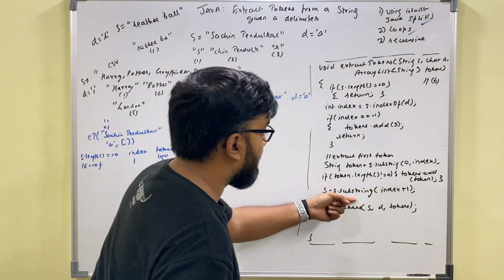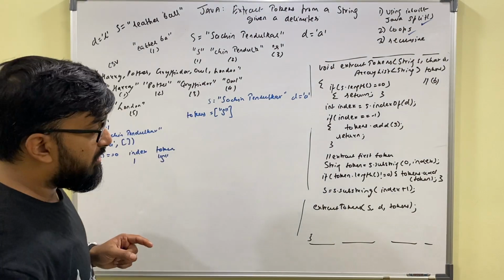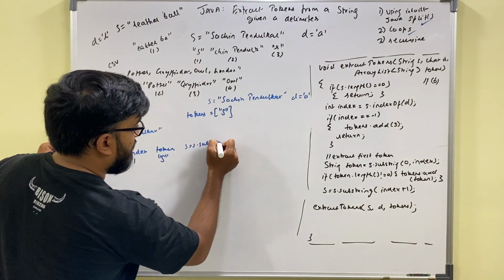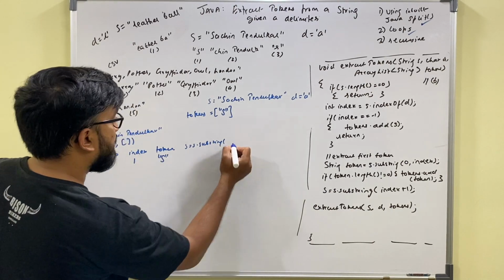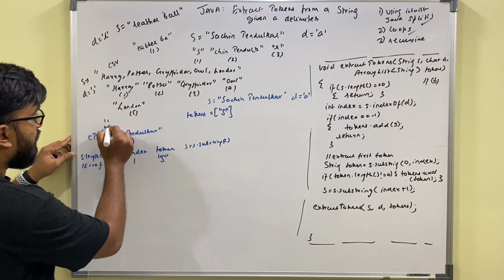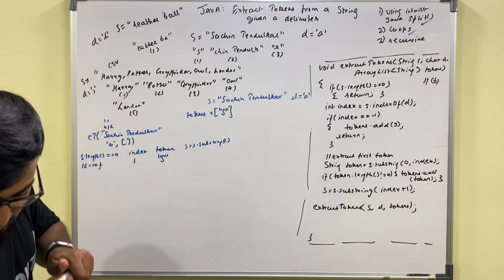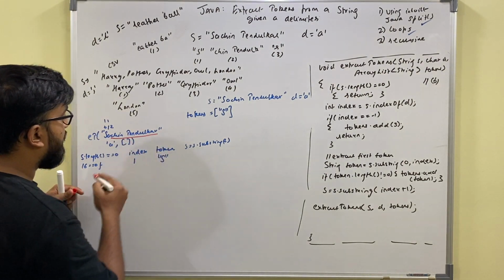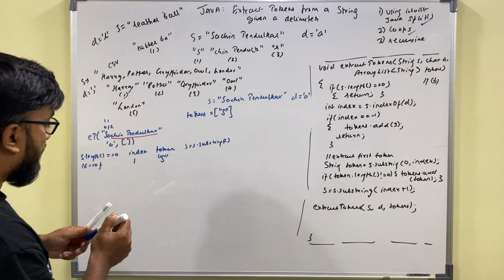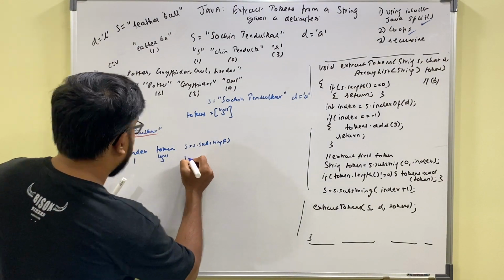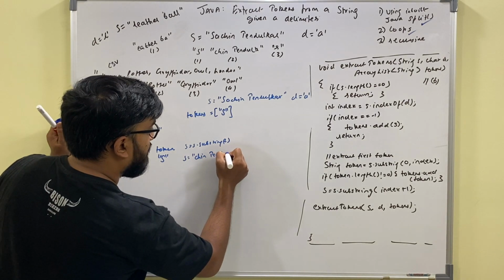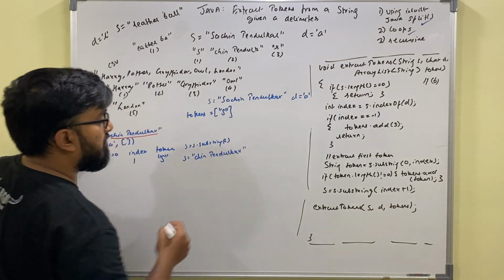Then you do S equal to S.substring(index plus 1), which is 2. So 0, 1, 2, starting from here till here you get the substring, so you get S as CHIN.